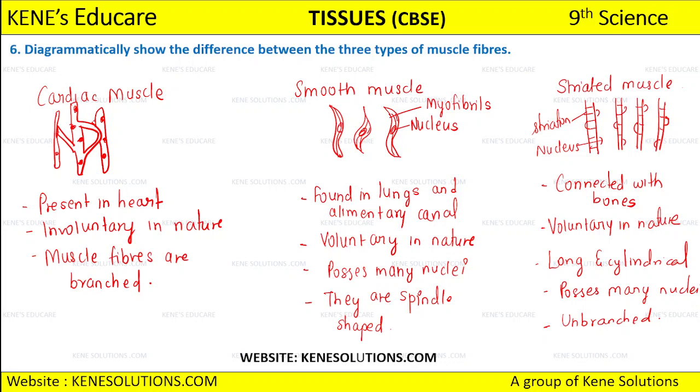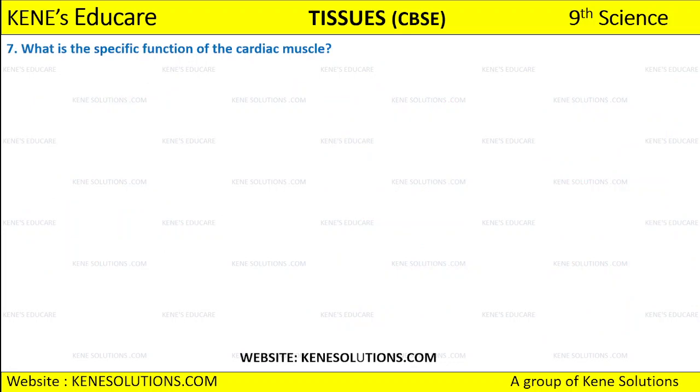between all of them. Okay, now see, the next question is, what is the specific function of the cardiac muscles? I told you that cardiac muscles are branched and cylindrical. How are cardiac muscles?